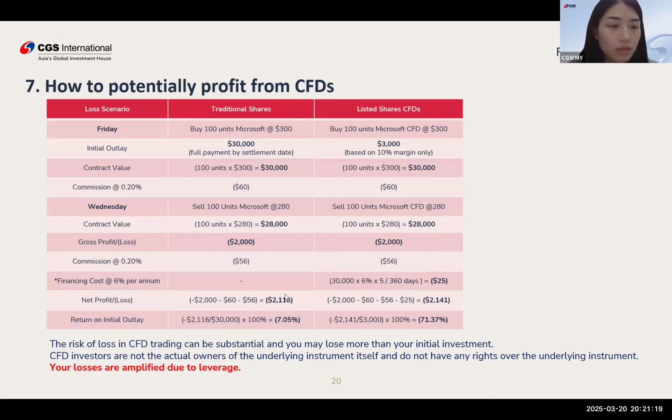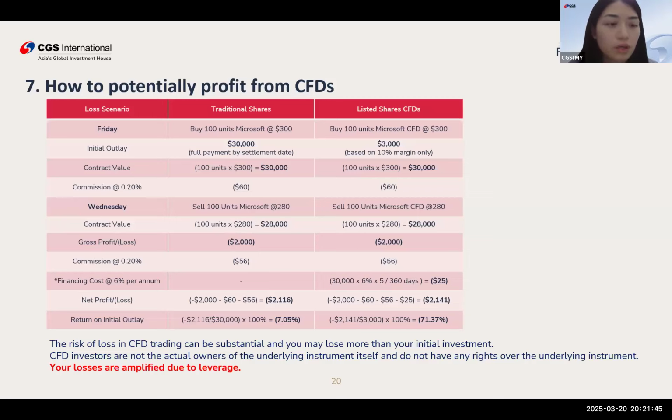And when you look at the net loss, you take the trade loss of 2,000 and also add the commission when you enter and when you close. So you get a net loss of 2,116 for your traditional share. And for CFD, you need to add another financing cost, which is 25, so your loss is 2,141.